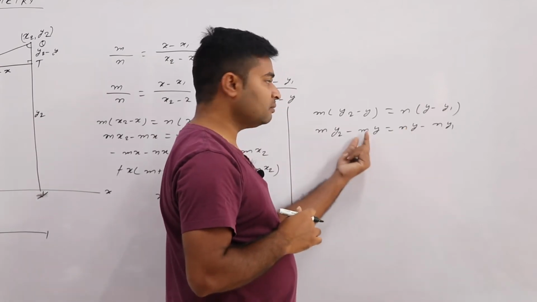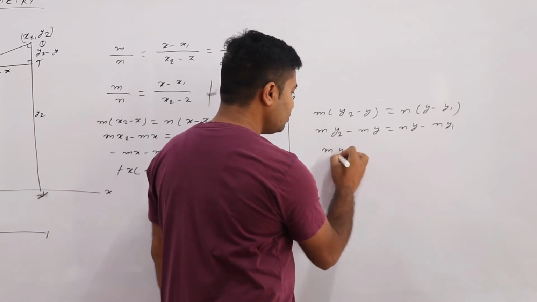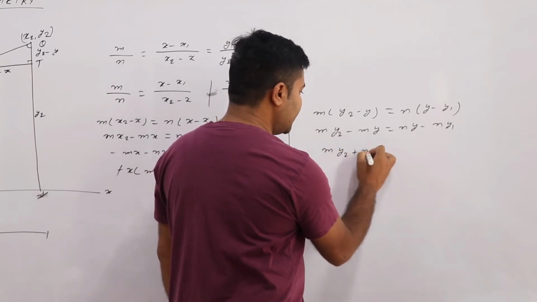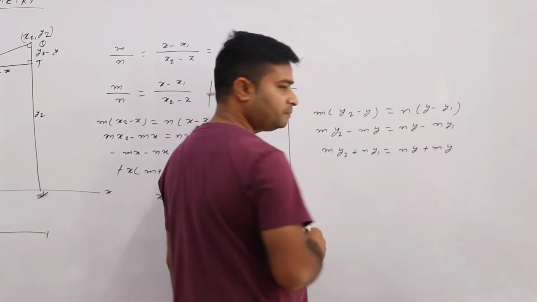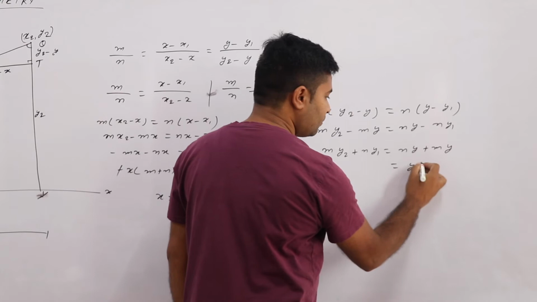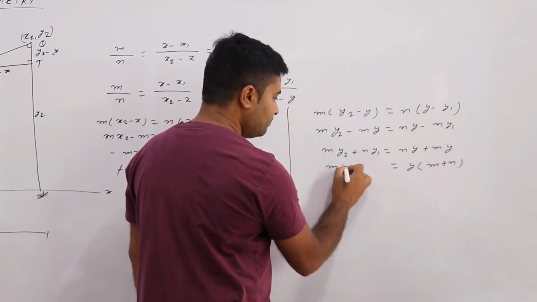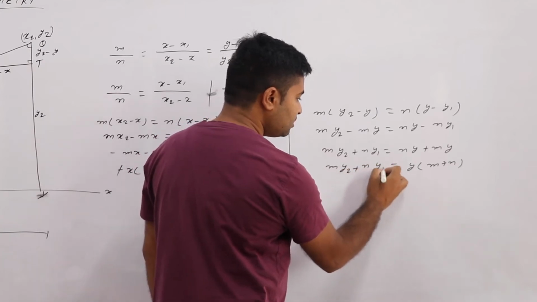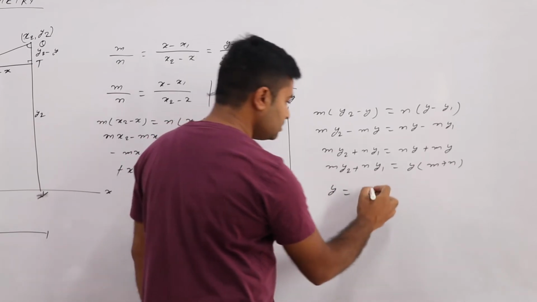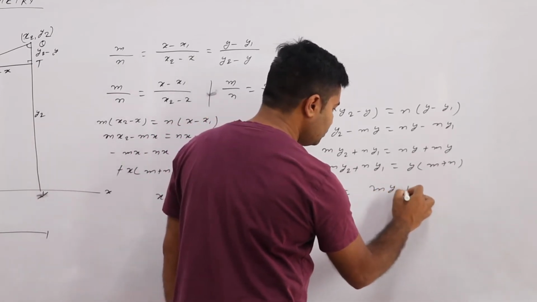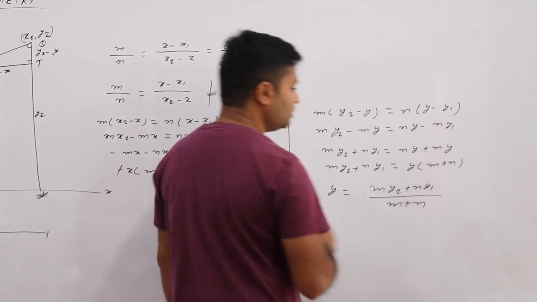Again bring all y terms together: my2 plus ny1 is equal to ny plus my. Here take y out, m plus n remains. Now y is equal to (my2 plus ny1) by (m plus n).